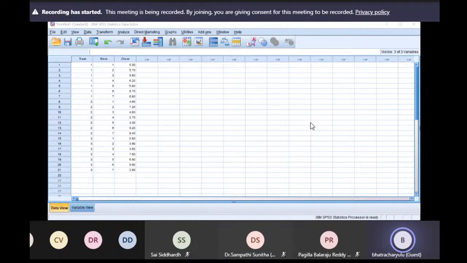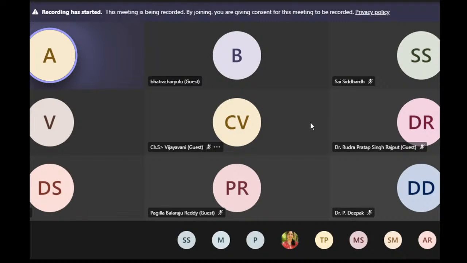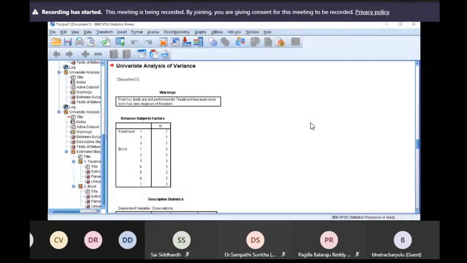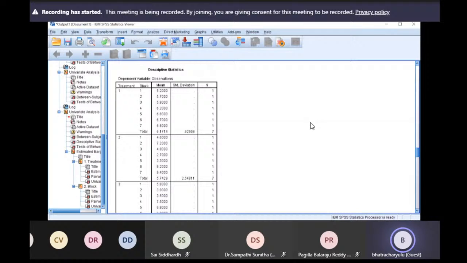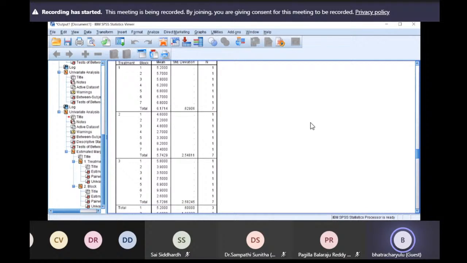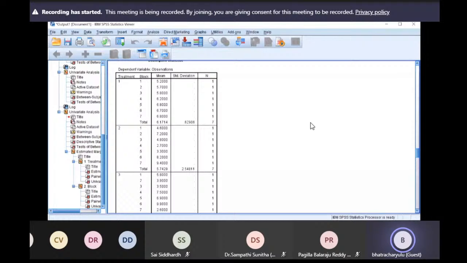Now you show the screen. Output. Okay. These are dependent variable observations. The mean values for the 7 that are given.